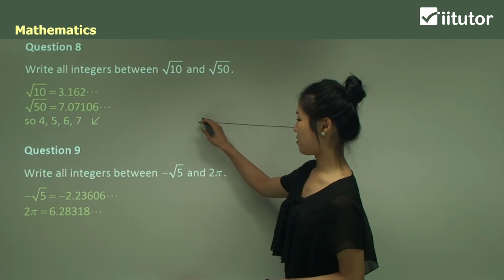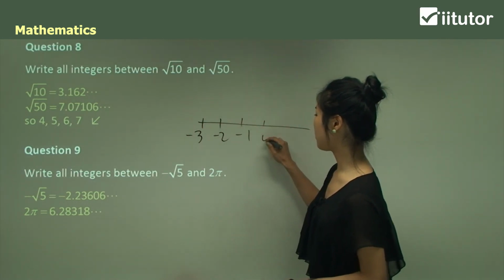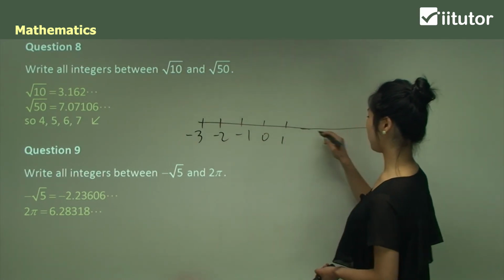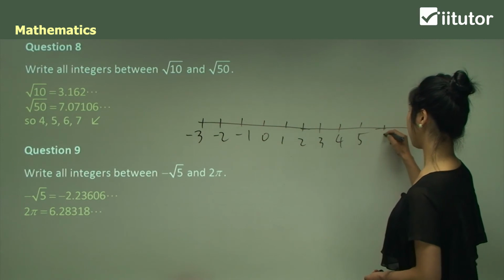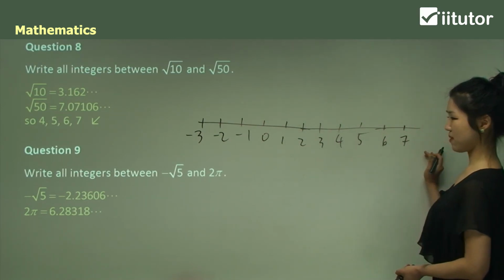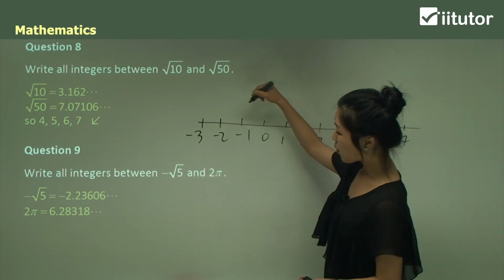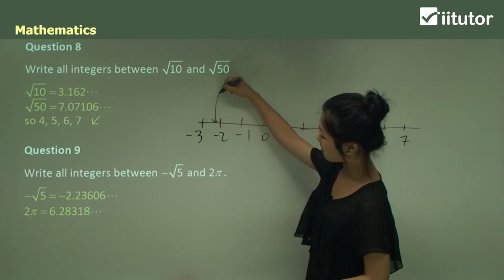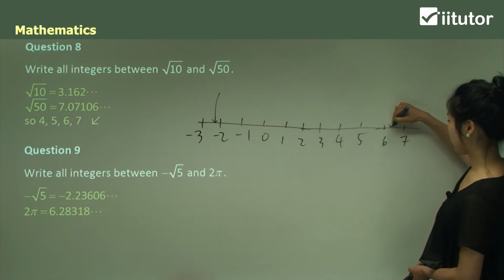So I'm going to start from maybe negative 3, negative 2, negative 1, 0, 1. Make it a little bit longer. 2, 3, 4, 5, 6, 7. Is that enough? It's a big number line, isn't it? And negative 2.2 is approximately here, isn't it? And 6.28, it's approximately here.